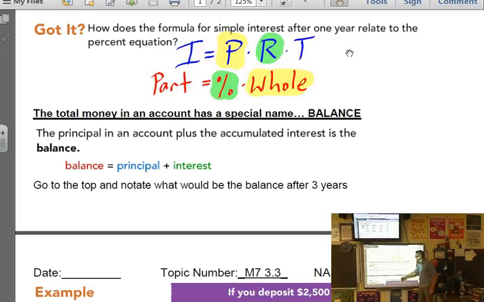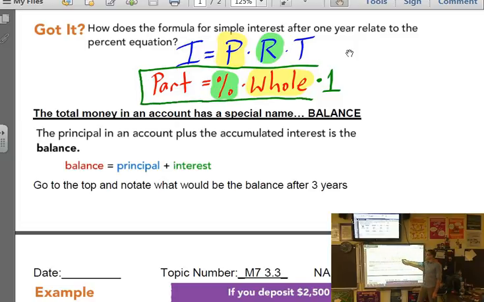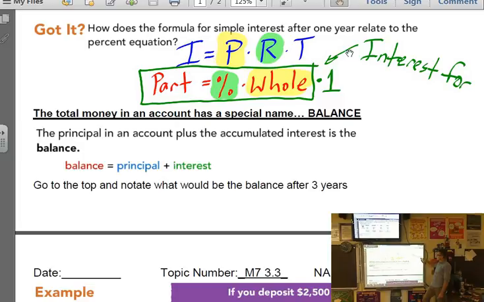So if I made this times 1, that won't change a thing. So what we're trying to see here is this part formula is really how we solve the interest for 1 year.